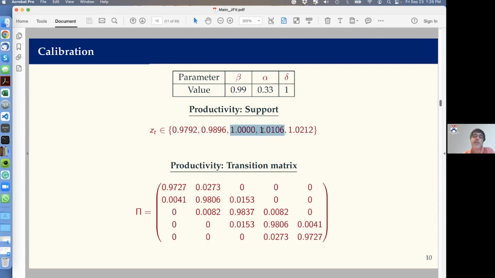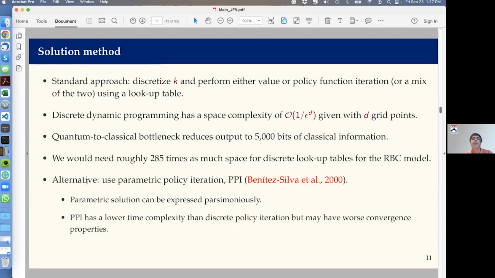The average is going to be 1, and sometimes productivity is going to be higher than normal, sometimes lower than normal. And it's going to evolve according to this transition matrix. These 5 values and this transition matrix are estimated from the data of productivity in the US economy to match its properties. So these things are based on something.